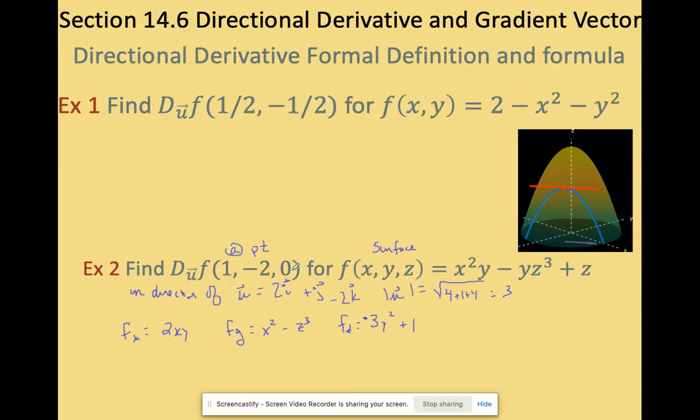Evaluate that at our x, y, and z. 2 times 1 times negative 2. 1 squared minus 0 squared. Negative 3 times negative 2. Oh, I can't read my writing. What does that say? Negative 3 y z squared, right? Plus 1. Well, I'm going to put 0 in there. A z of 0 is going to wipe that out, so I'm just going to get a 1.